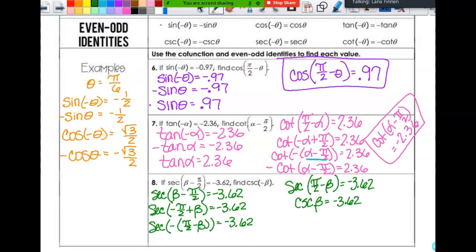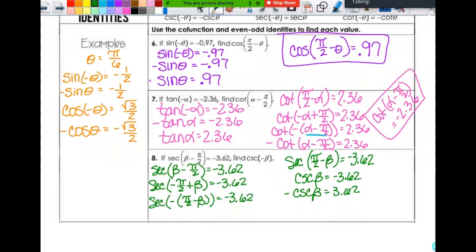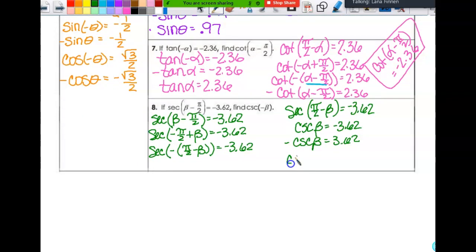Cosecant of negative beta would be negative cosecant. I don't have a negative cosecant. I have a positive, so I got to multiply through by a negative 1. So we get negative cosecant beta equals 3.62. Then I can substitute again and get cosecant of negative beta equals 3.62.